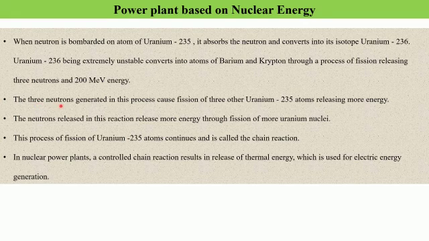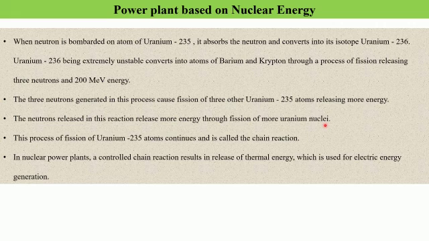Now the 3 neutrons which are formed can enter 3 more uranium-235 nuclei and give rise to another barium and krypton along with 9 neutrons and a huge amount of heat energy. The neutrons released in this reaction release more energy through fission of more uranium nuclei.